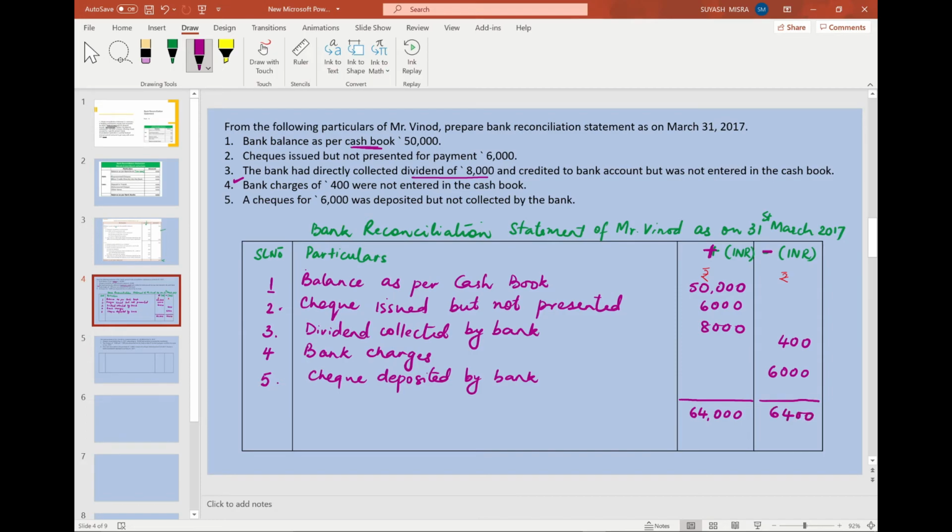And that means my balance as per passbook. We say passbook, the statement which is maintained by the bank is passbook or bank statement is 57,600. And that's how this both will tally.